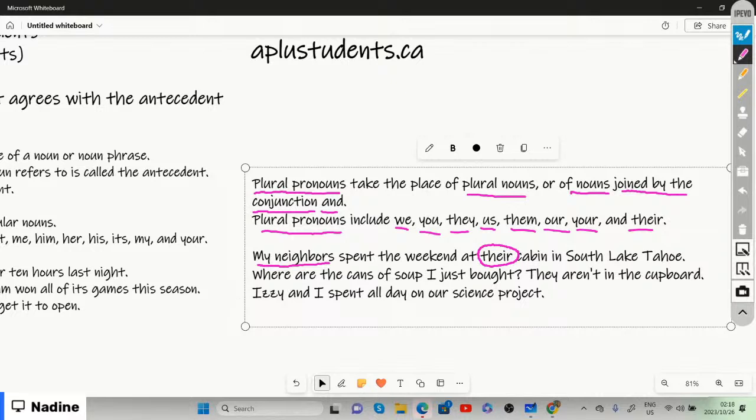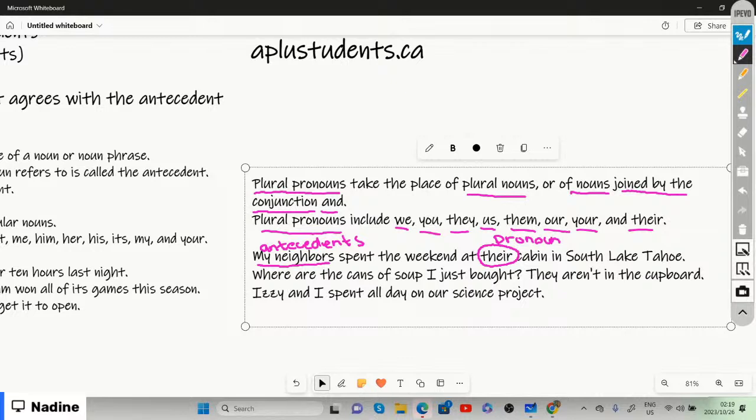So my neighbors spent the weekend at their cabin in South Lake Tahoe. Their cabin, referring to my neighbors' cabin. So basically, our antecedent is my neighbors, and there is our plural pronoun.